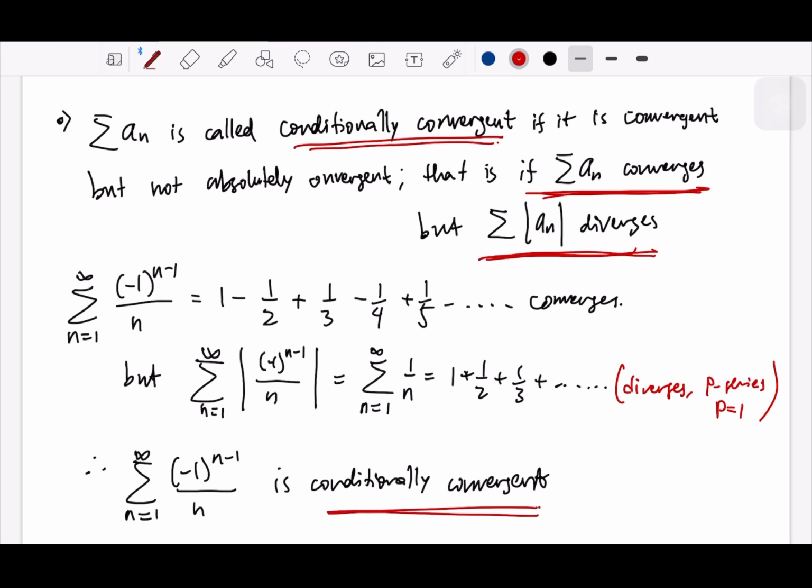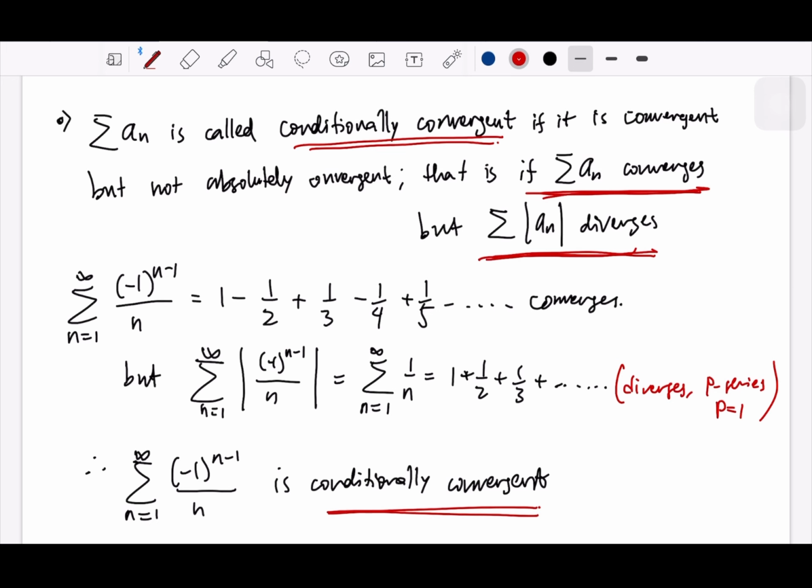So we can determine the series to be either absolutely convergent, conditionally convergent, or divergent. So we are not looking at just converge or diverge, but in some cases like this alternating series, we may have conditionally convergent or absolutely convergent.